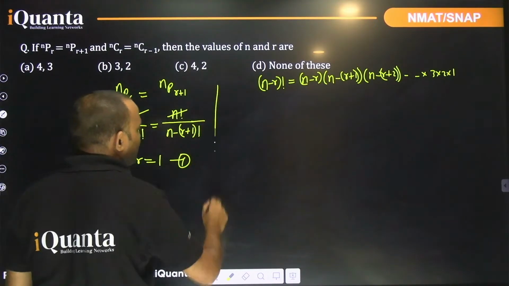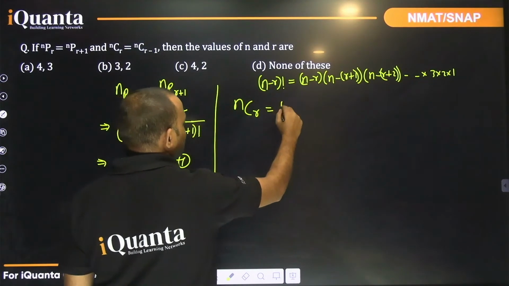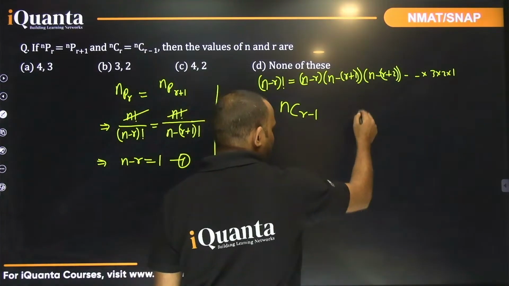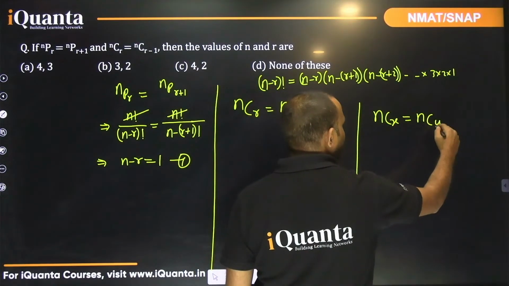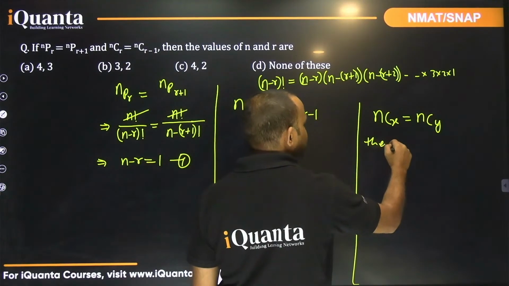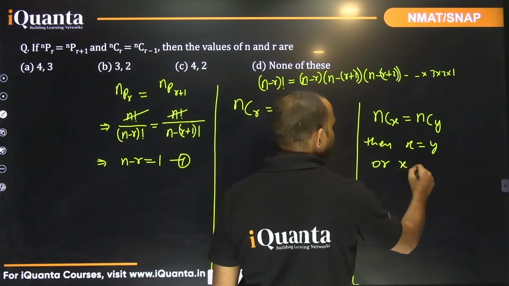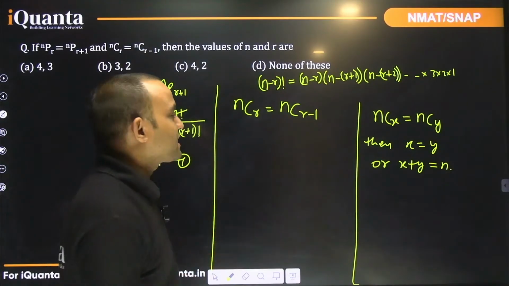And the second one, what do we know? That nCr is equal to nCr minus 1. So remember, whenever you have nCx is equal to nCy, then we can say that x is equal to y or x plus y is equal to n. So r and r minus 1 cannot be equal.